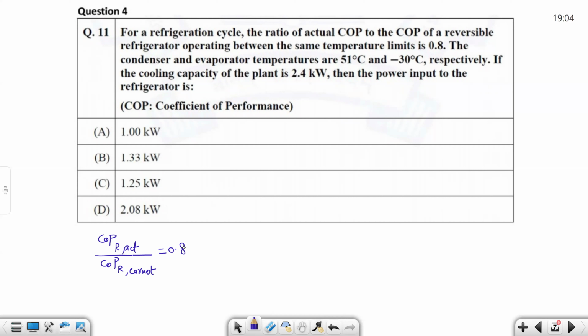So here the temperature limits are given. So higher temperature will be 51 degrees. So it supplies Q1. So refrigeration, so you have to give the work input, and Q2 at the lower temperature T2 given by minus 30 degrees centigrade.